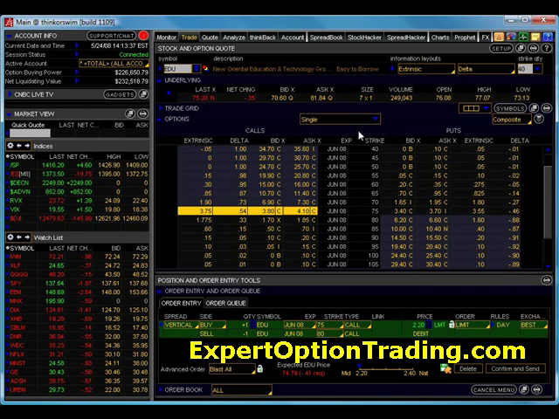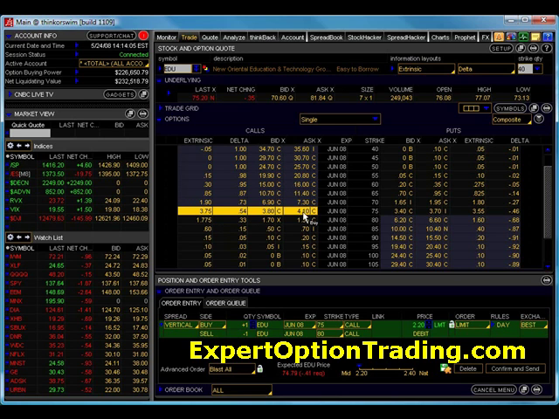If the stock stayed exactly the same at $75.20, then we would lose value in this option. These options would both lose value. How do we know that? Well, if we look over to the left here at extrinsic, the extrinsic value of the option is $3.75.